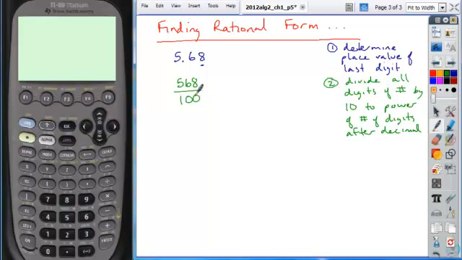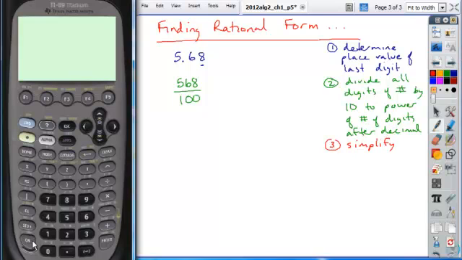So you could think of it either way, either in terms of 10 to the power of however many digits fall after the decimal, or its place value, in this case 100. And then you just simplify that expression. We're going to use our calculator.